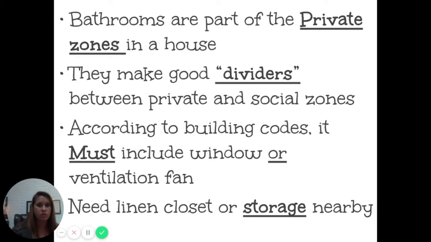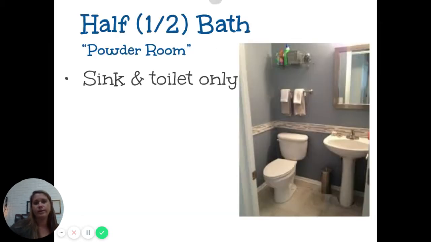You get mold. You get black mold, which gives you diseases, and you're sick all the time. And then you're spending money at the doctor, and you're begging insurance people for money. And it might have all just been because you didn't have a fan in your bathroom. So that's why there's building codes. So you can't do stuff like that. That's stupid. And we've already talked about the fact that you need a linen closet or storage somewhere nearby so you don't go streaking through the house.